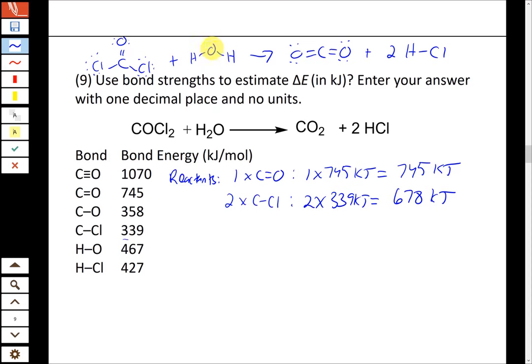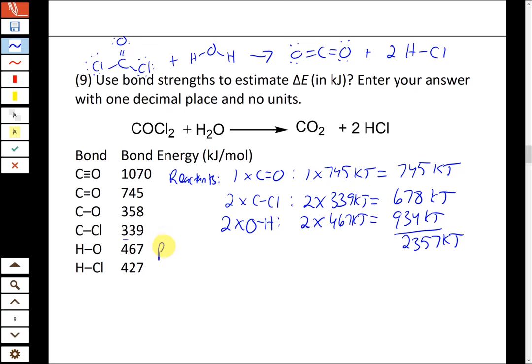So it's 1 water molecule, but it has 2 bonds. So we're going to count both of those individually. And that's going to be 2 times 467, which is 934. So the sum of those 3 numbers for the reactant side is 2,357 kilojoules.